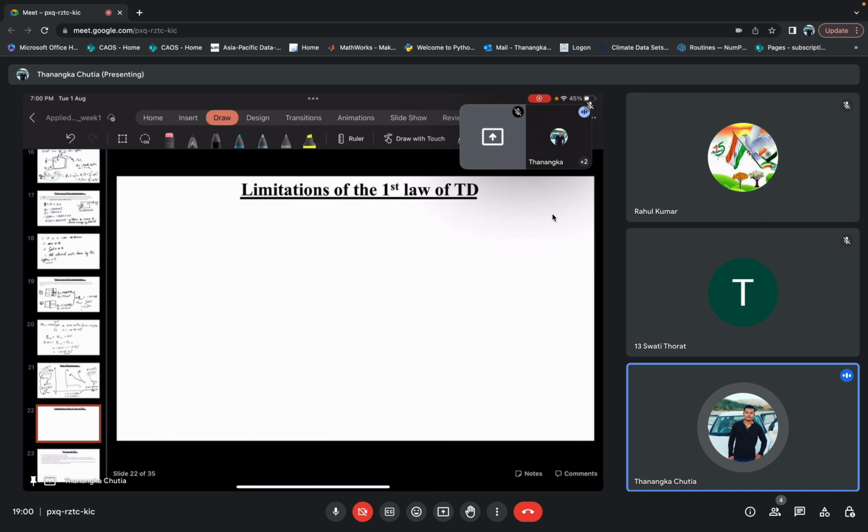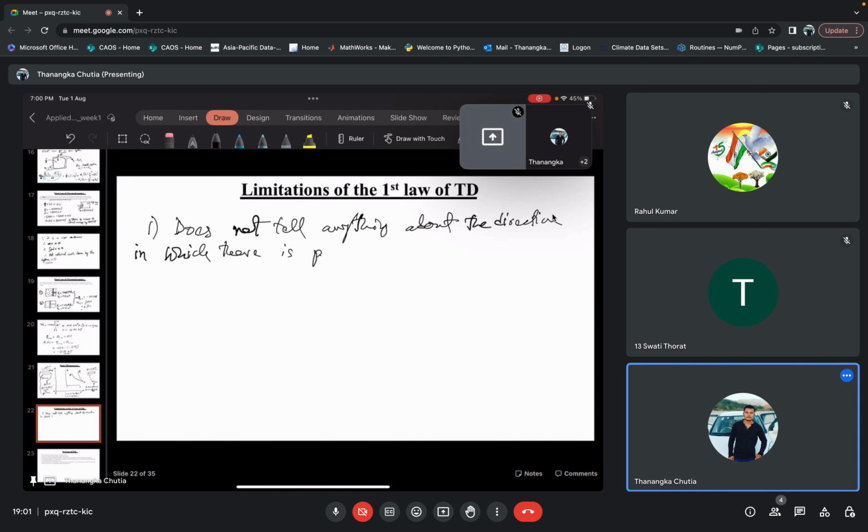So the first limitation is that it does not tell anything about the direction in which there is possibility of energy transfer.